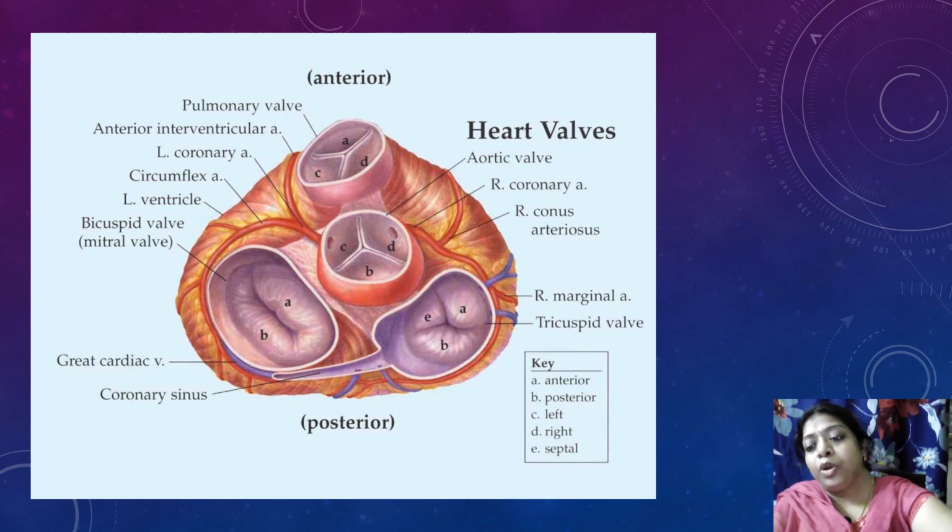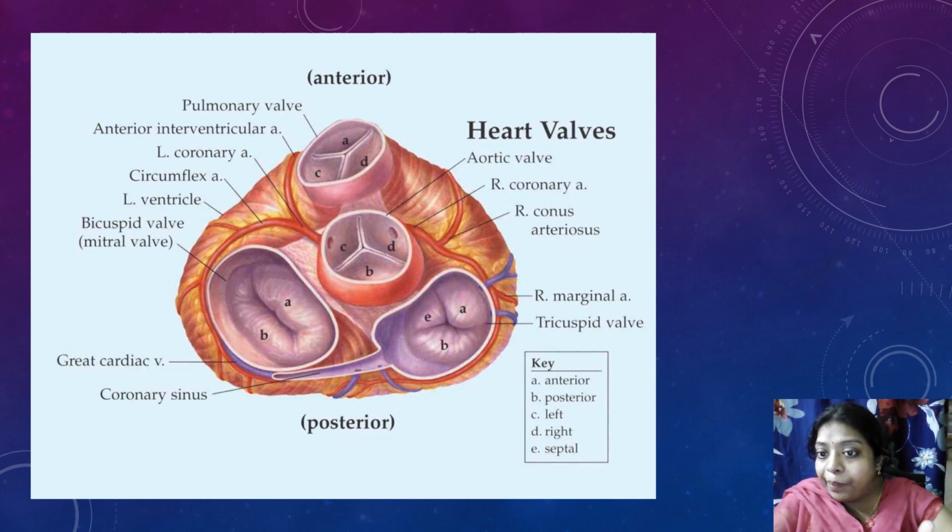Many people have very minor irregularities with these valves, such as the mitral valve. Supposing the mitral valve collapses or fails, what happens?